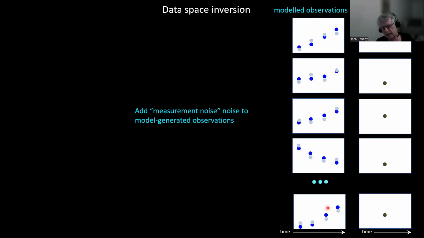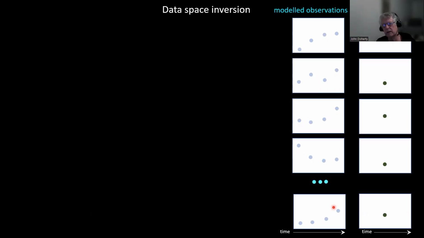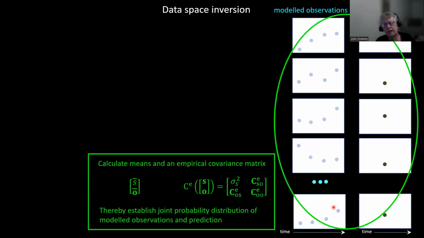So I contaminate these data with a measurement noise, because there is noise associated with the data. And just so I've done 500 model runs or something, I can now build up an empirical covariance matrix between the past and the future.